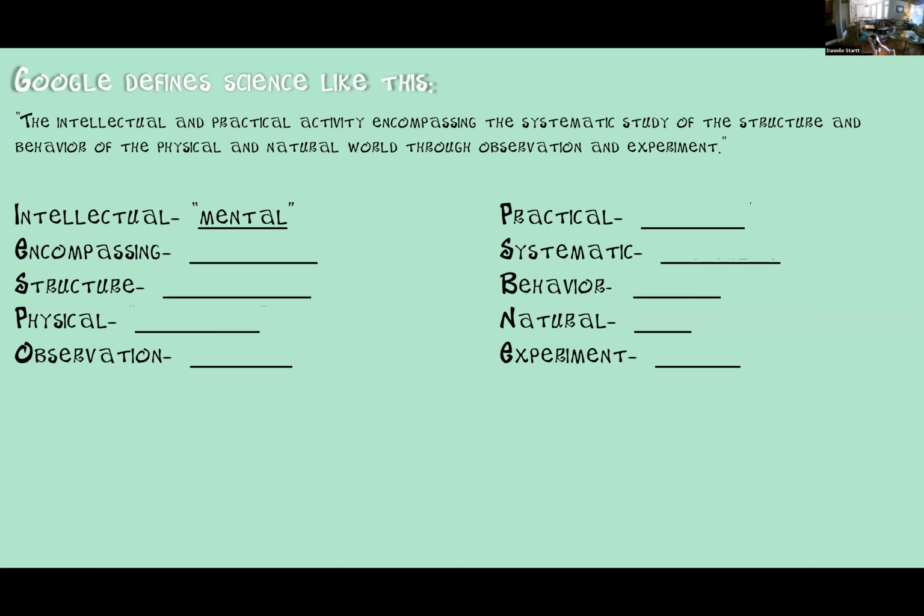You got it, Emerson? Hands-on. Very good. All right. And then how do we define encompassing? Anybody know? You want to go again, Emerson? Surrounding. All right. How about systematic? Oh, Everly. Organized. All right. And structure. Construction.